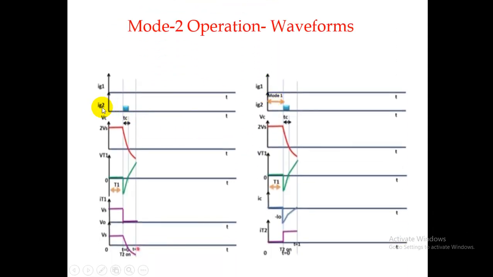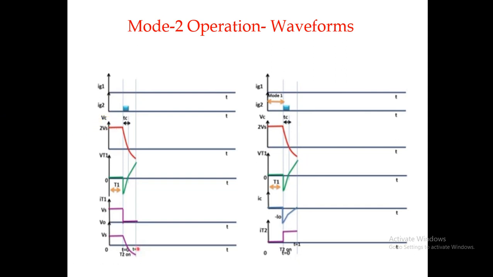Look at the waveforms. Now we are triggering the thyristor T2, and now voltage plays a vital role because the source is disconnected, because T1 is not conducting now, but T2 is conducting, and there exist two currents in this duration.